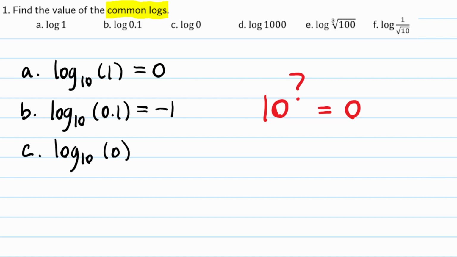If it's bigger than 1, it's going to be bigger than 10. And if you put a negative exponent on 10, it's just going to be 1 over some power of 10. So there's no way that we can have a power of 10 come back 0 or negative. So it's just not existing. So I'm going to say C does not exist.